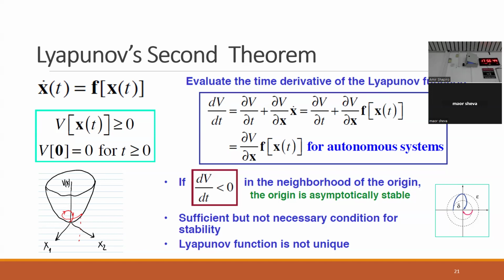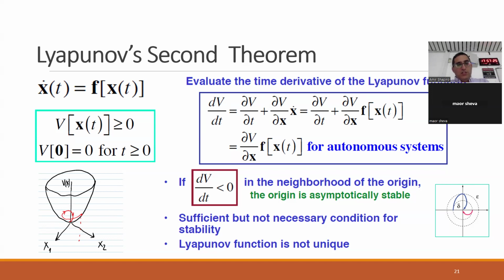It is 0 at the origin, and since it's decaying, dV/dt is smaller than 0, so the value of V is being reduced over trajectories of the dynamical system. So if the dynamical system does such loops, eventually it will reduce and get to the origin, which is an equilibrium. And it is an asymptotically stable equilibrium.